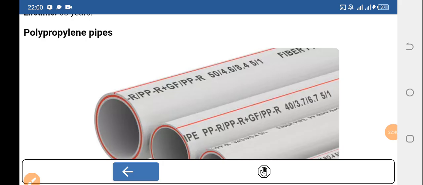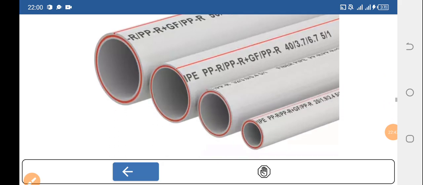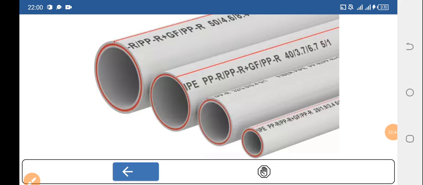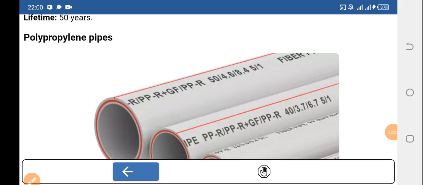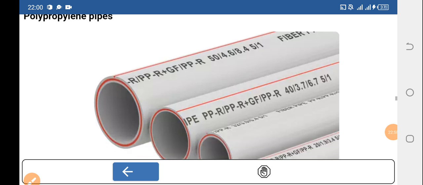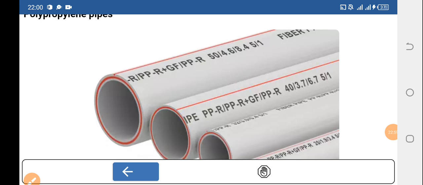Currently, as you can see, polypropylene random is a modern pipe, and it's coming in different sizes and colors today, especially in other countries like Zambia. Zambia will normally use green color. Others use gray. Others use orange. Others use blue, but it depends on the type of color that you need to use.